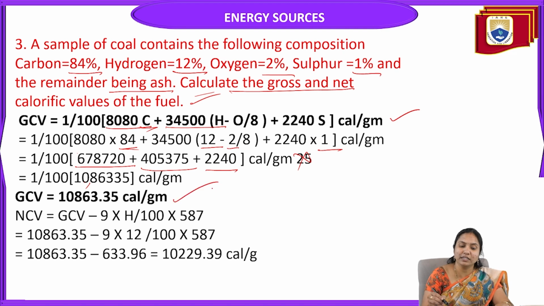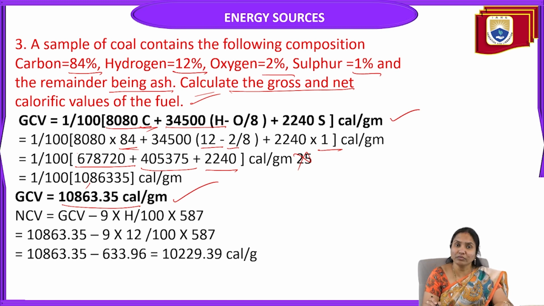So finally, the gross calorific value of the given fuel is 10,863.35 calorie per gram.